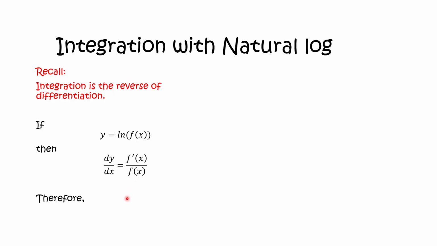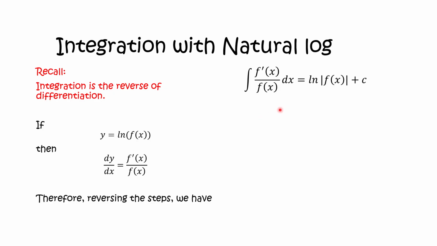Therefore, if we reverse that, we would have the integral of f prime of x over f of x dx being equal to the natural log of the absolute value or the modulus function of f of x plus c. Let's label this as equation 1 because we are going to refer to it over and over again.